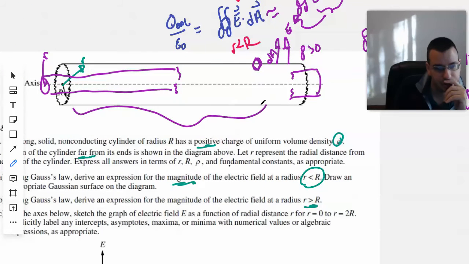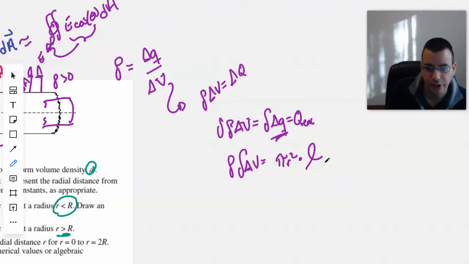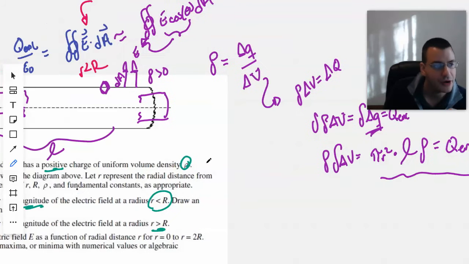So this is L, which we assume will cancel out. Maybe. I hope so. Times rho equals Q enclosed. Okay? That's our Q enclosed.